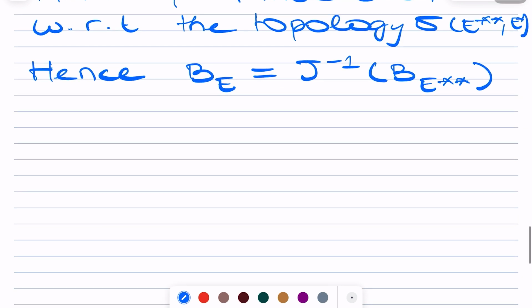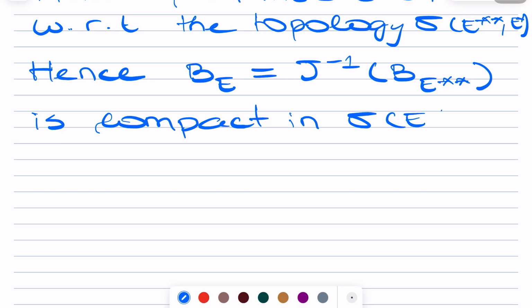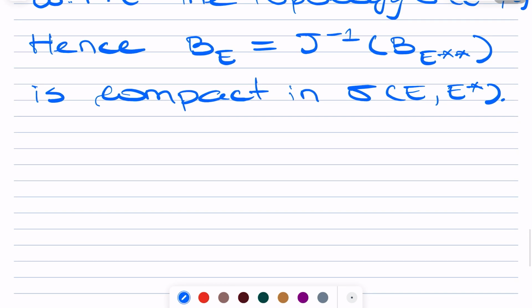So this is compact in the weak topology. So the first implication is done, right? So let's take a look at the reverse.